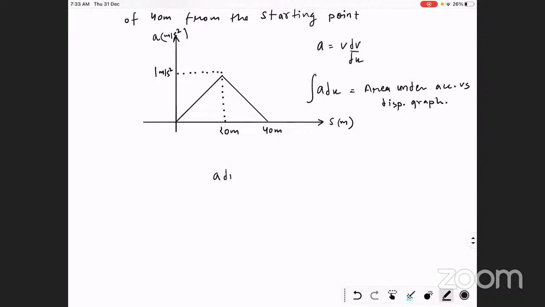So what is it actually, what does this give? V dv integrated from u to v gives v square by 2 from u to v. So it gives you v square minus u square by 2.